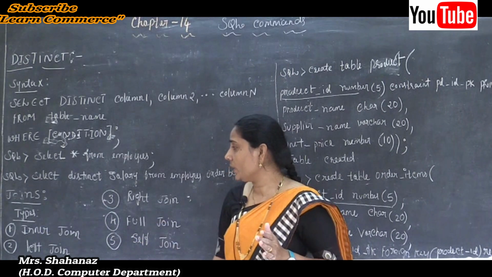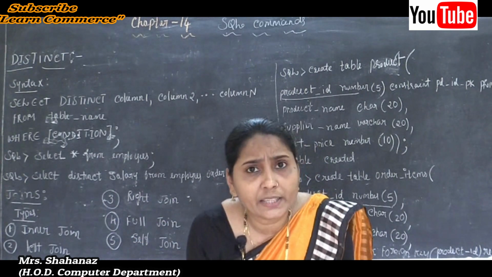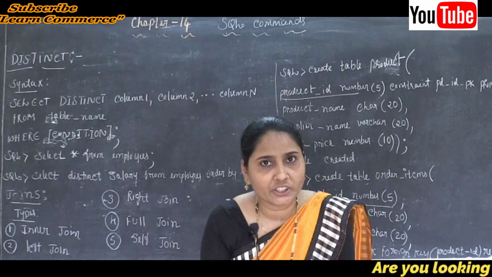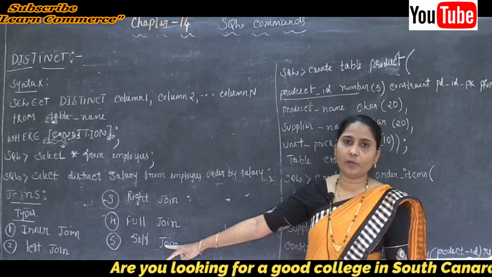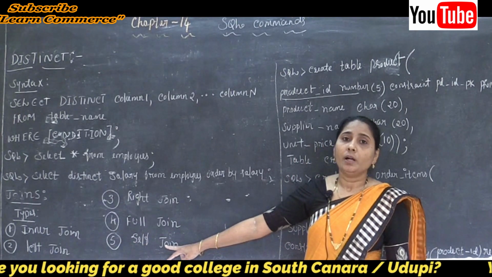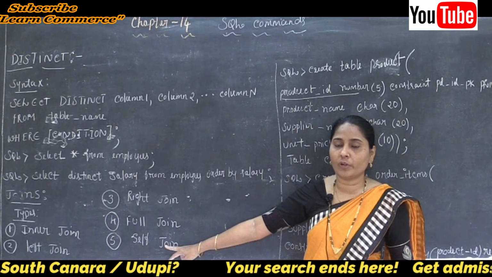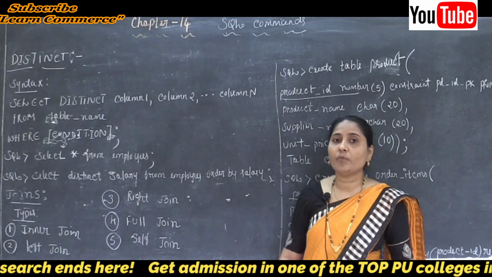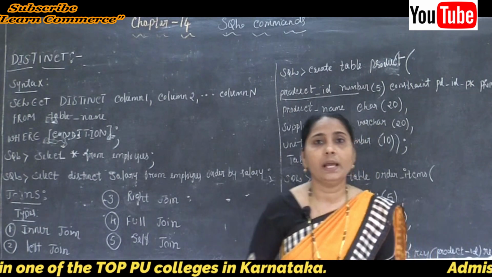The inner join returns rows when there is a match in both of the tables. That means whatever columns are in the first table, or in the second table, should be the same. Then only will it join the tables. So when there is a match in both tables, that is called the inner join.